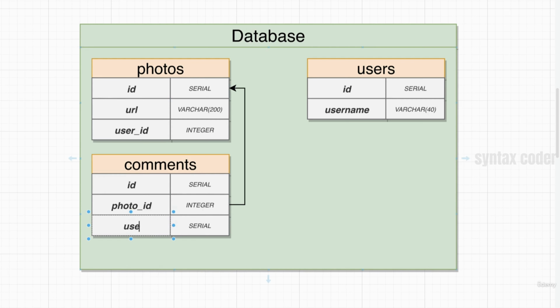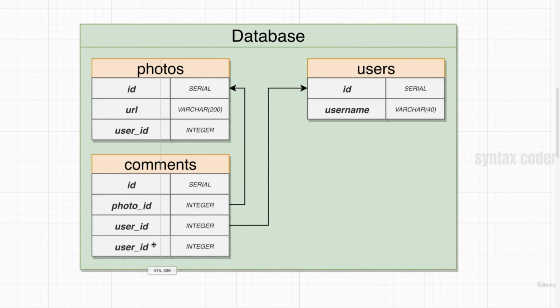And then very similarly, we can also have a user ID, and that will be a reference to the user who actually created the comment. And then finally, we need some actual text for the comment itself. So we'll call that simply contents. I'll make it of type maybe varchar 240, which means that this contents field right here, the actual text of the comment, can be up to 240 characters. Any longer than that, and we'll throw an error. So I think this is a pretty reasonable structure.